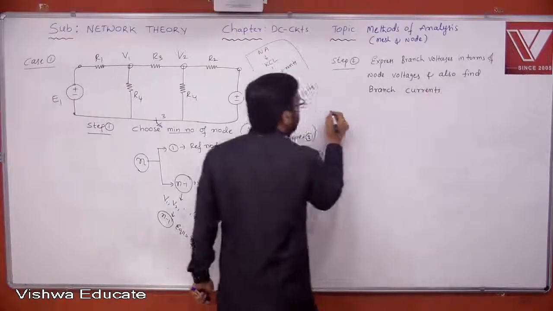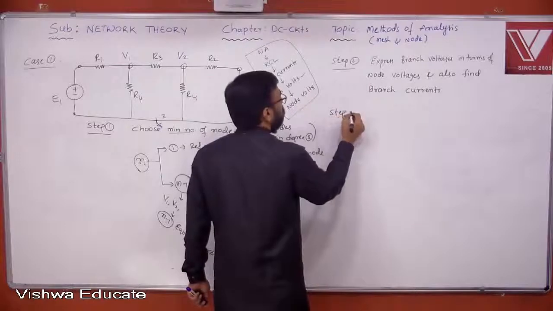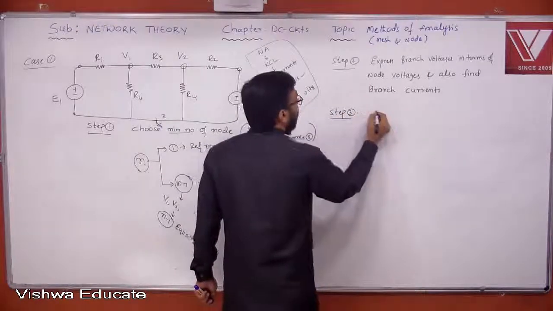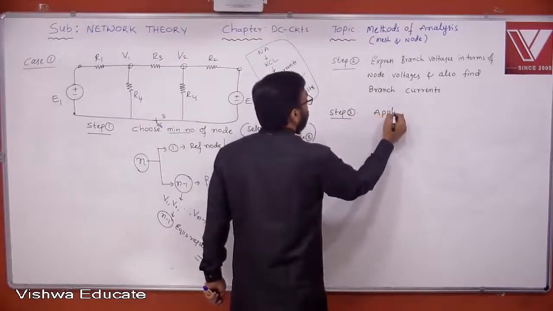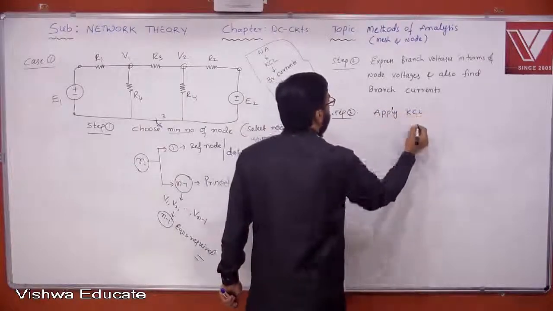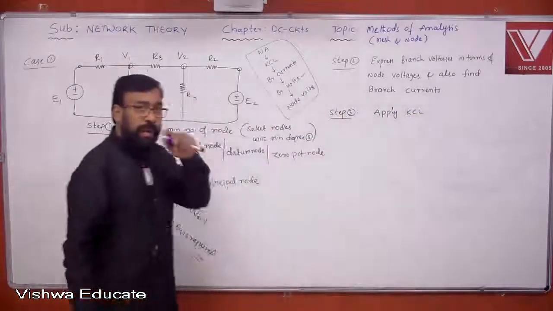So once you know branch currents, what will you do? Apply KCL. Where do you apply? Tell me, where do you apply?